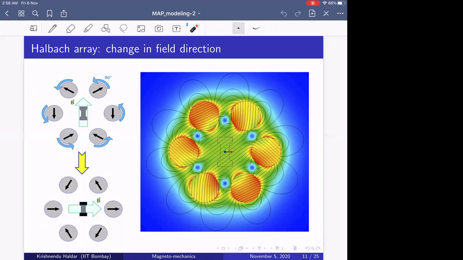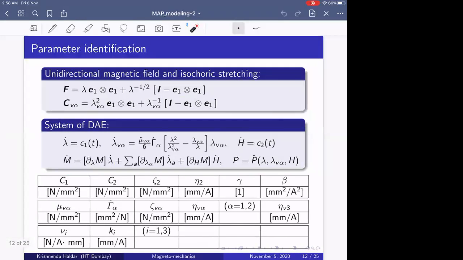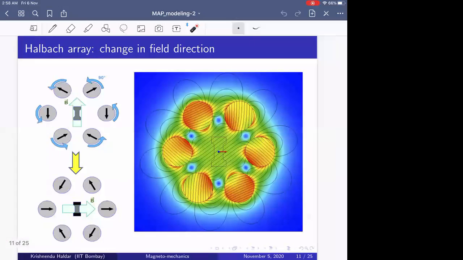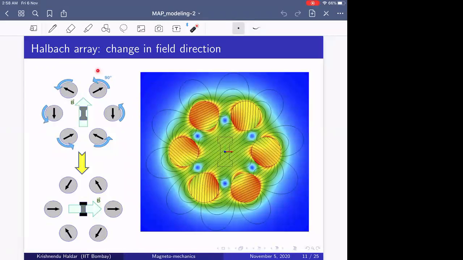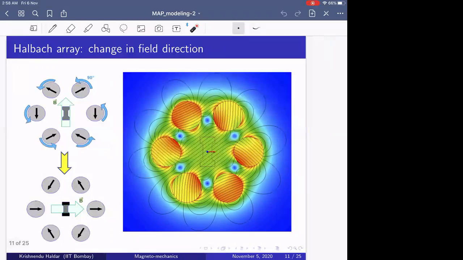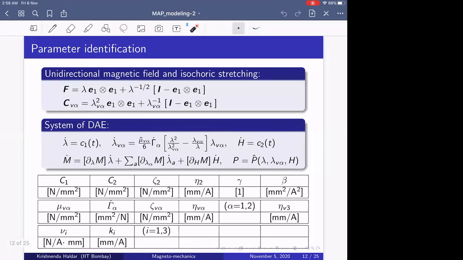However, now you do all your mechanical testing. Our case is this one, the case we are interested in, where your magnetic field is aligned with the direction of the applied force or applied stress. So this is a stretch controlled experiment. We take the stretch lambda along the E1 direction, where E1 is the vertical, the direction of loading.